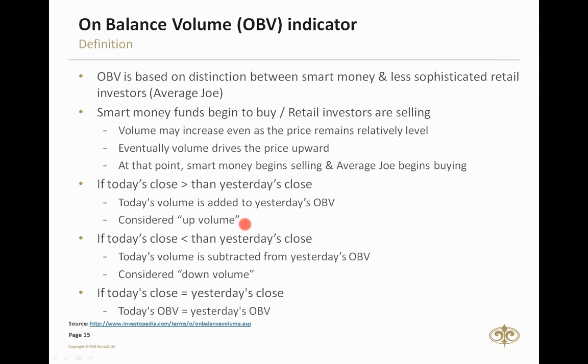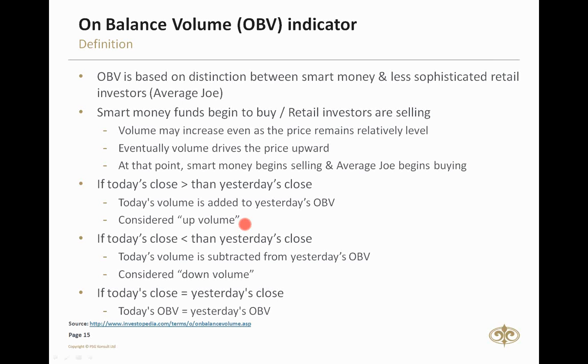Remember I said it's a mathematical formula. All it is, in very simple terms, is three scenarios. If today's close is higher than yesterday's close, then today's volume is added to yesterday's volume. So let's say we start off with an arbitrary number of 100,000 or a million, whatever the case might be. If today we traded 10,000 shares and the price went up, we add those 10,000 shares to that 100,000.